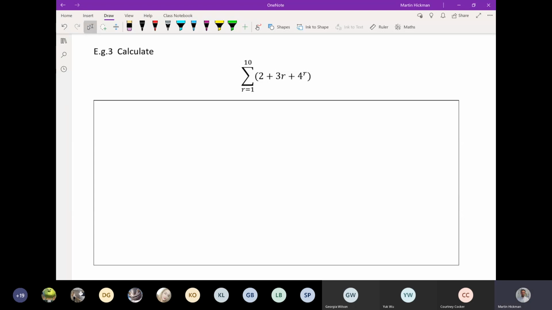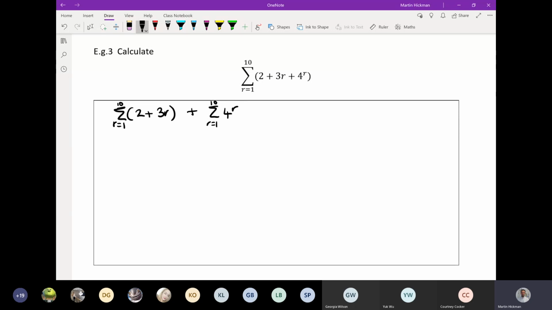So what I'm going to propose we do is split this up. I'm going to split this up into working out the sum of 2 plus 3r, and then working out the sum of the first 10 terms of 4 to the power of r. And we can do this with a series like this, with the sigma like this.